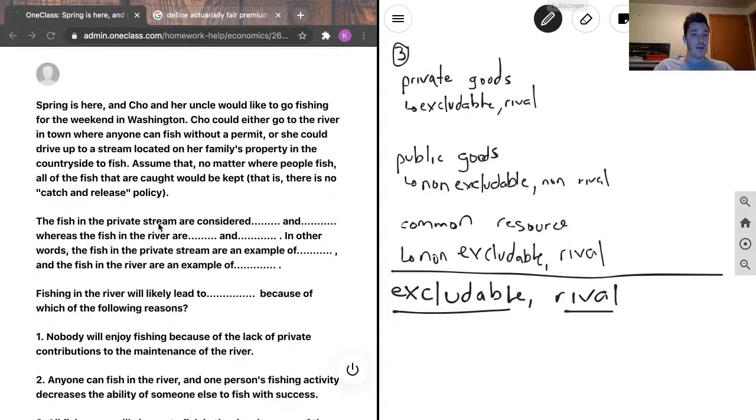And then the fish in the river are going to be non-excludable but rival.